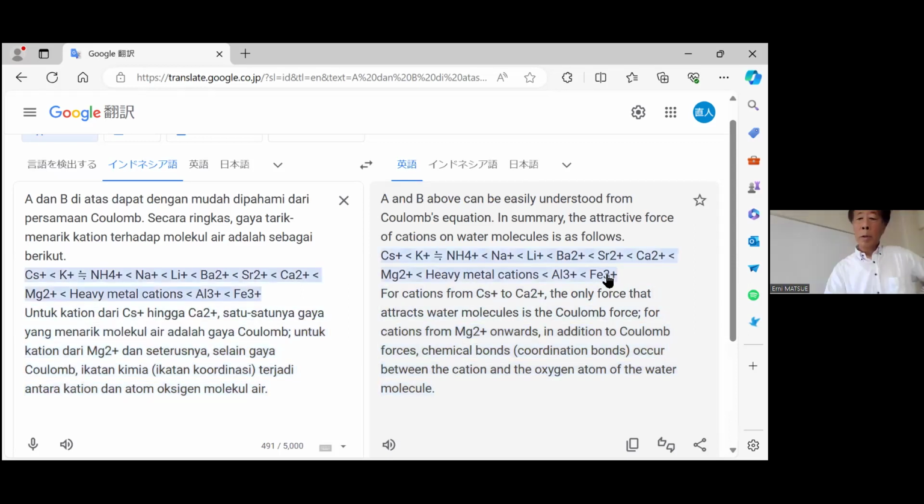Okay, so this is the attractive force of cations in the environment. Magnesium, heavy metals, aluminum, iron bind with very strong force.